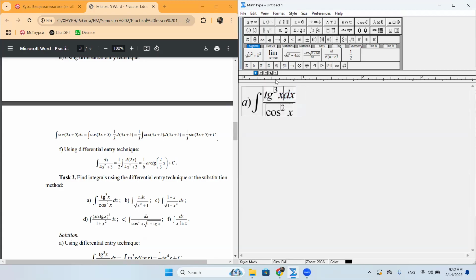Any ideas how to use the differential entry here? Which differential can you see under this integral?